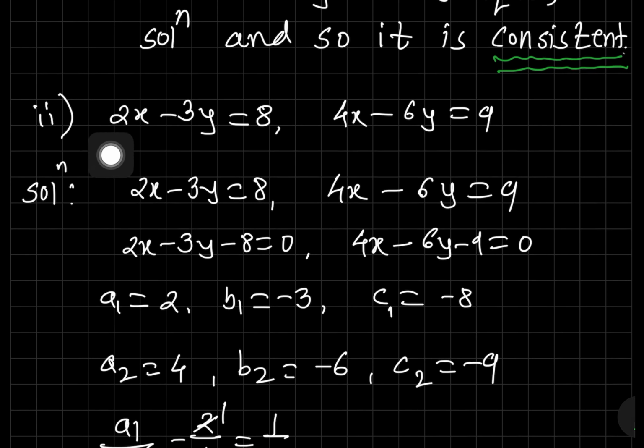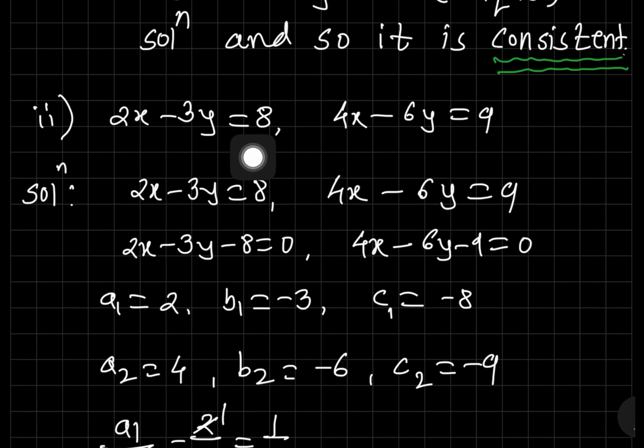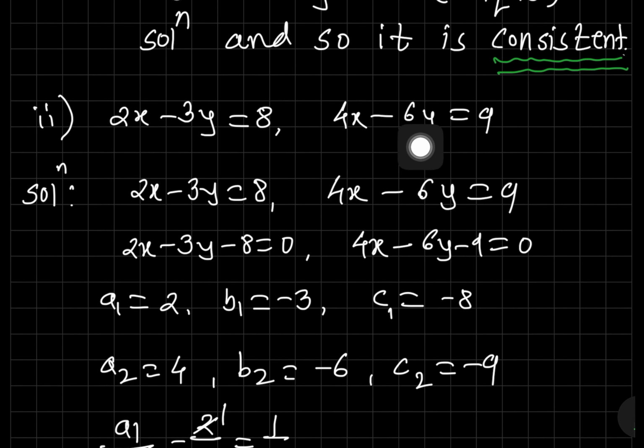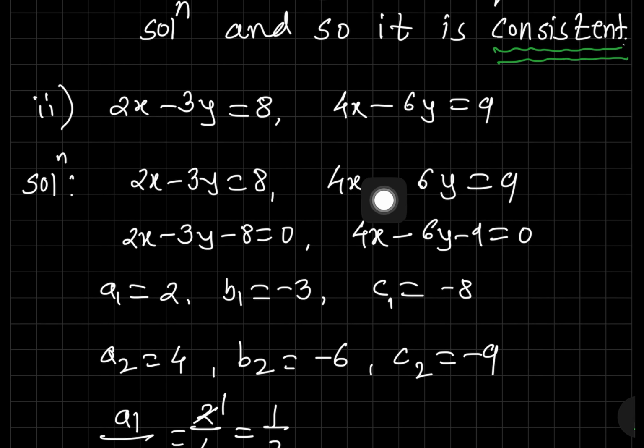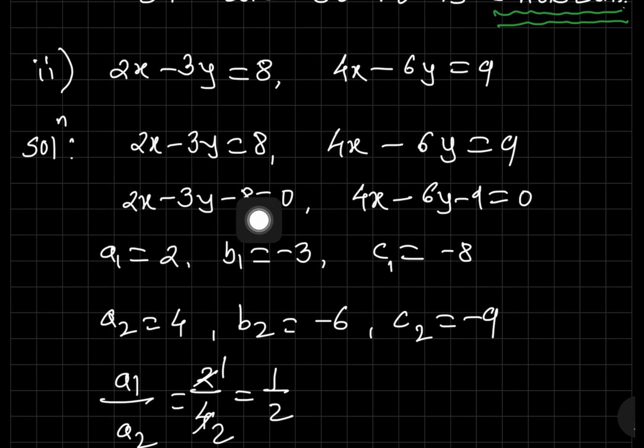Then the second example, 2x minus 3y equal to 8, 4x minus 6y equal to 9. Write this equation and write it in standard form. So this minus 8 you have to transfer, bring it to this side, so it becomes minus 8 equal to 0. Same way minus 9 you have to bring to this side.